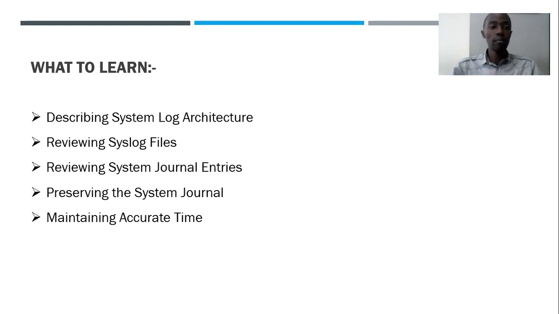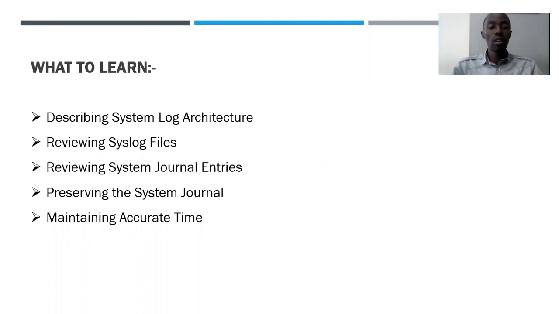One is to describe system log architecture. Second is to review syslog files. Third is to review system journal entries. Fourth is to preserve the system journal. And lastly, we will learn how to maintain accurate time.